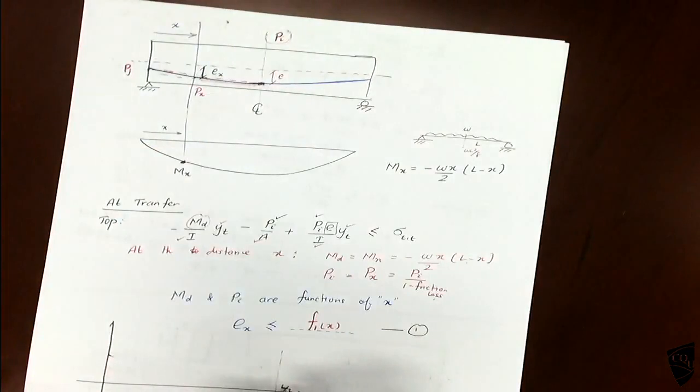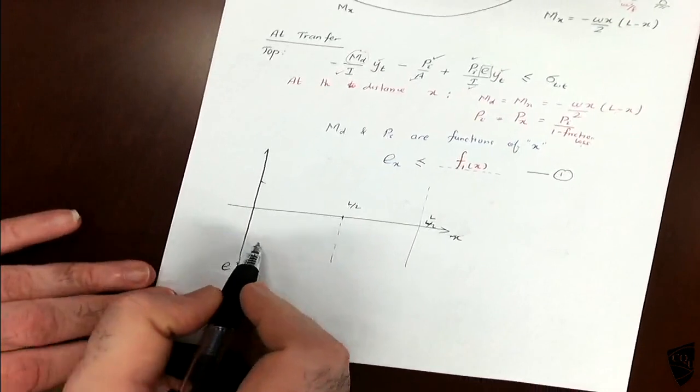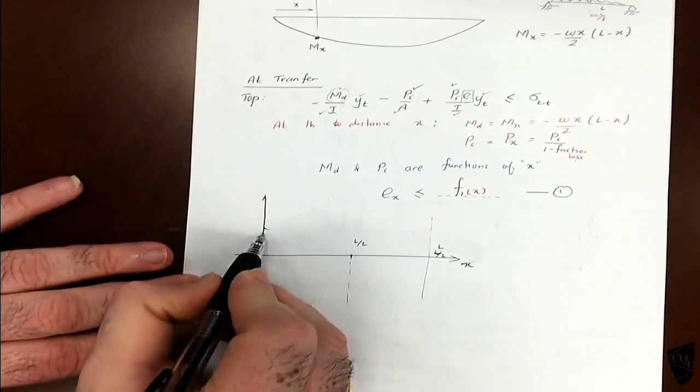Otherwise we put the full length L. So this is halfway and this is full.